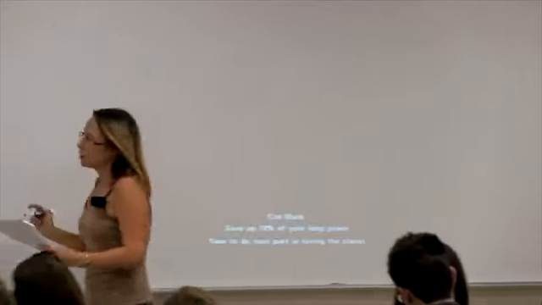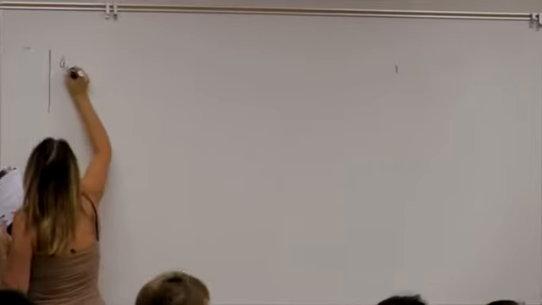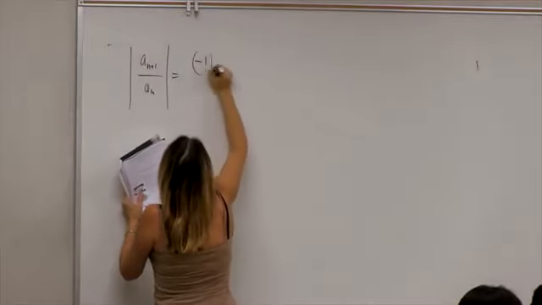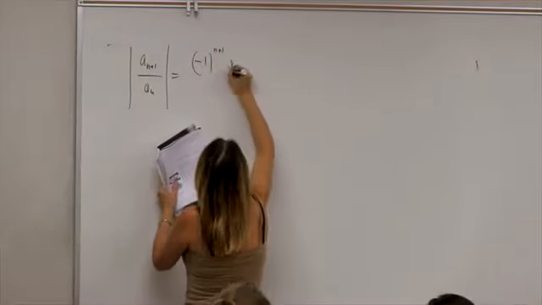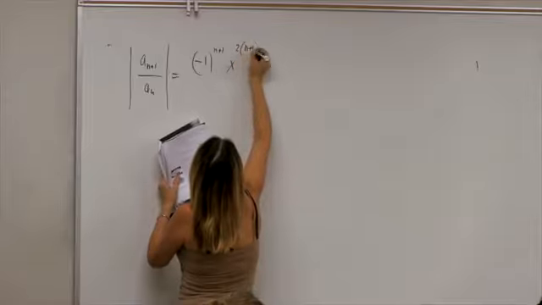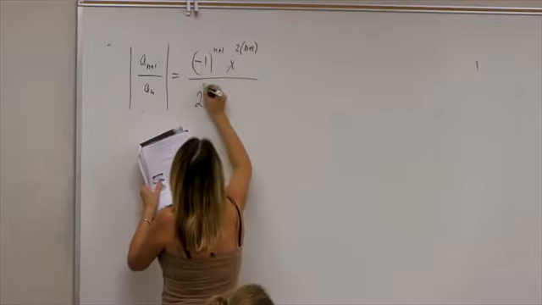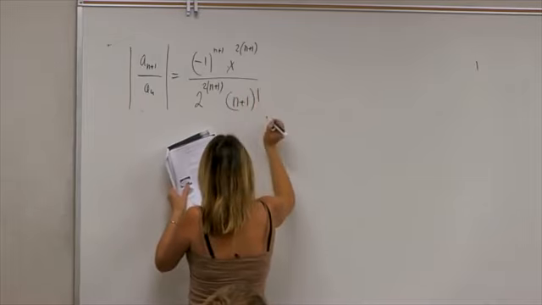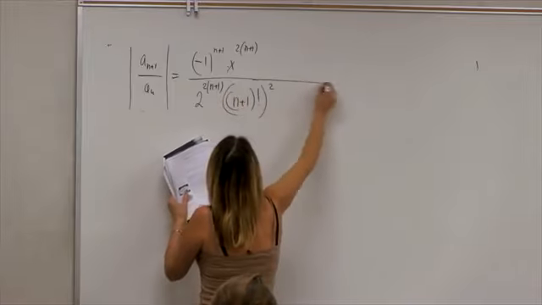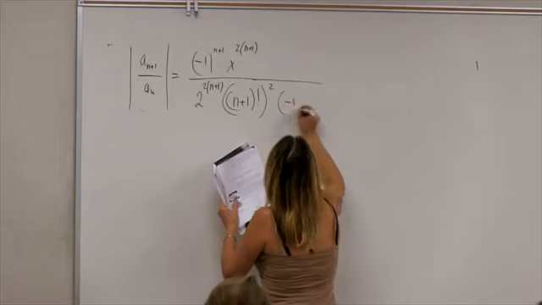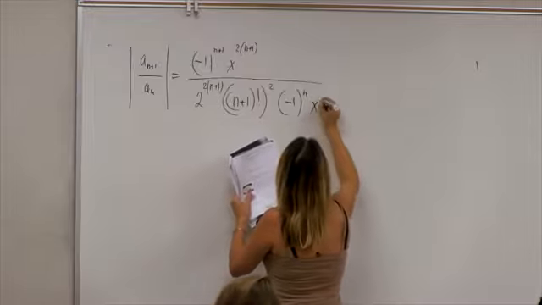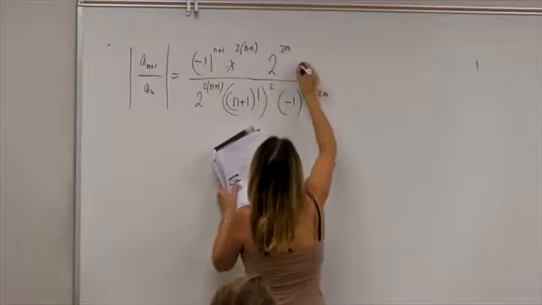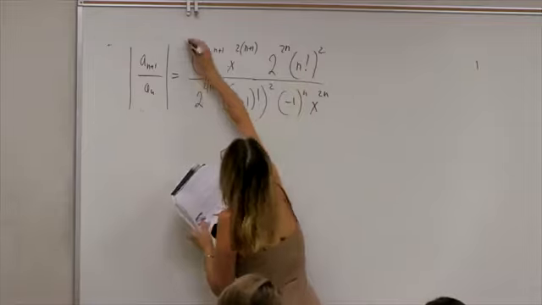Okay, so a_(n+1) over a_n. So we have (-1)^(n+1) x^(2n+2) over 2^(2n+2), so everywhere instead of n I put n plus 1, (n+1) factorial squared, divided by (-1)^n x^(2n) over 2^(2n) and n factorial squared.